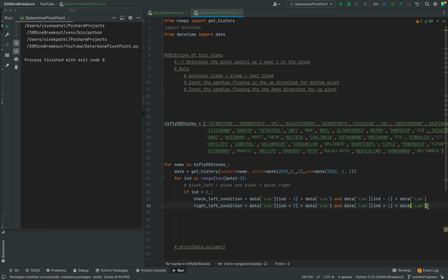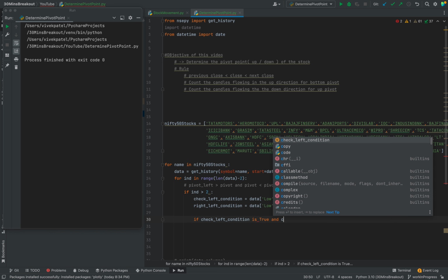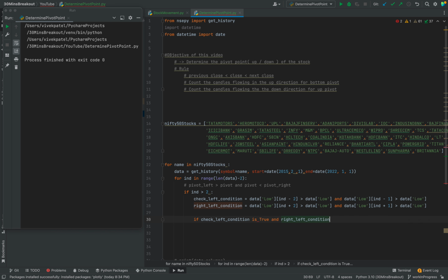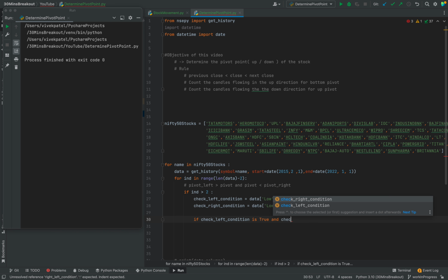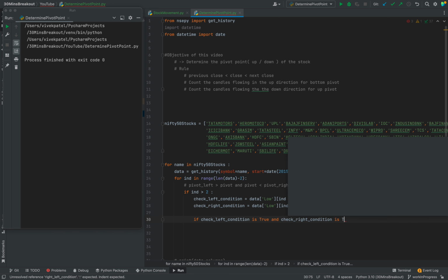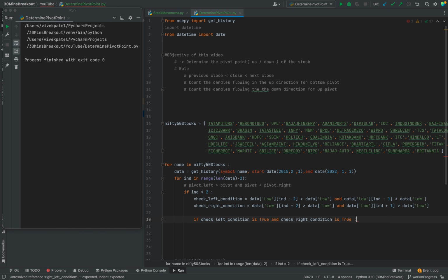Okay, now if both conditions are true, you can say that this data candle is a pivot candle.